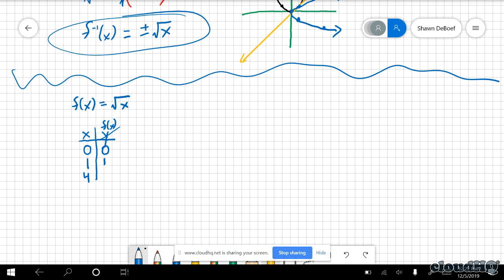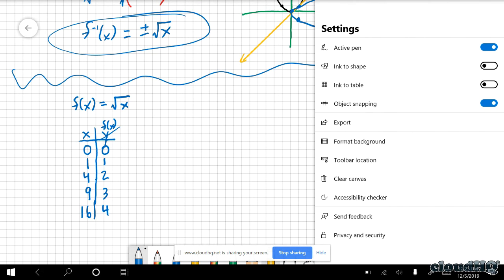So when I square root 4, I get 2. The next one would be 9, which would give me 3. The next one would be 16, which will give me 4. And then it'd be 25, 36. I don't want to graph all of those. I'm not going to make my graph that big. Really, probably, I think 3 points might be enough. But let's go ahead and graph this.